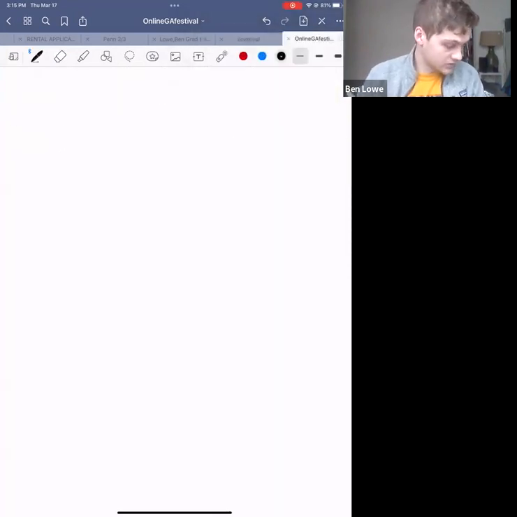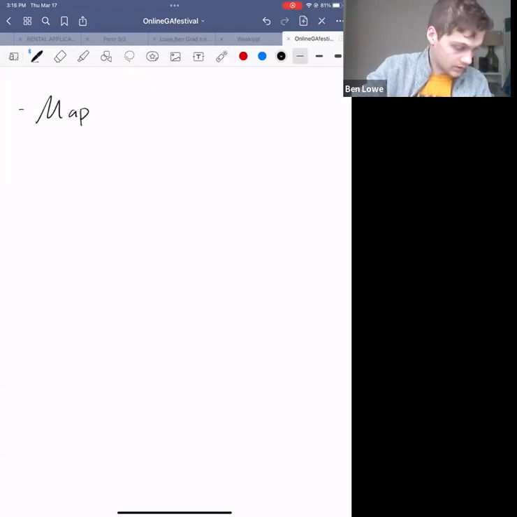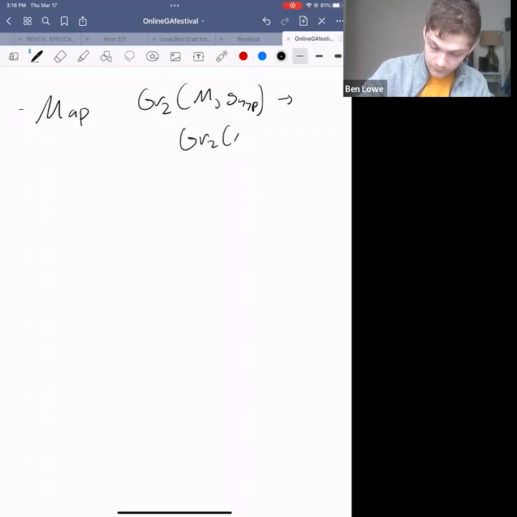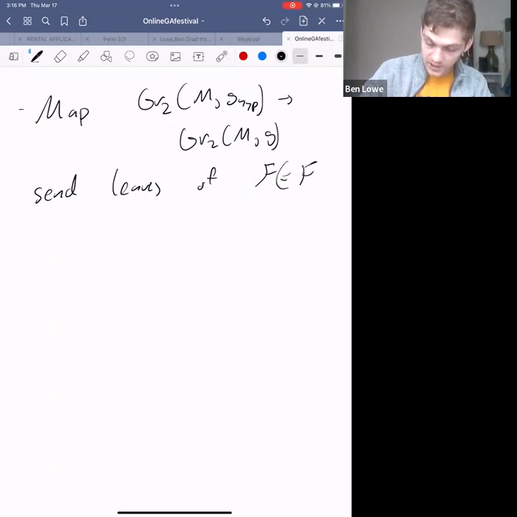And moreover, these foliations are conjugate to the model foliation in the sense that we have conjugating maps that send leaves of F, which is the constant curvature foliation, to leaves of F_G.